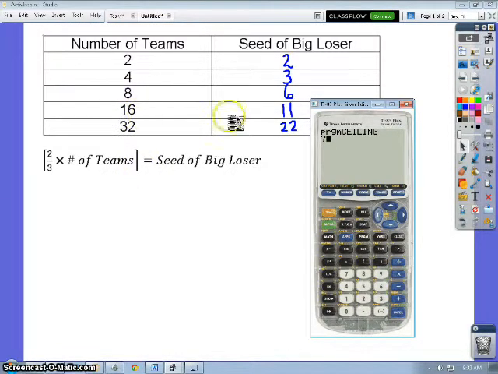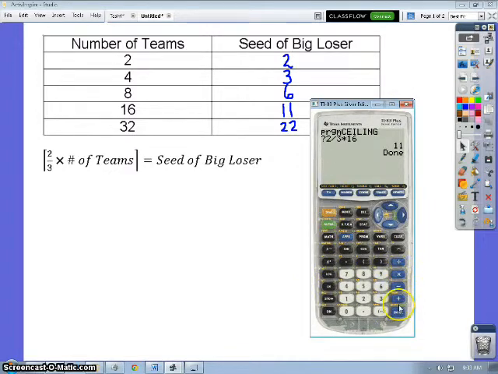We know that when we have 16 teams, there should be 11 coming out for the seed of the big loser. So applying the formula, if I take 2/3 and multiply that by how many teams I have and get that decimal answer, whatever it is, and apply the ceiling function, then I should get as output the seed of the big loser, which hopefully comes out to be 11, and it does.